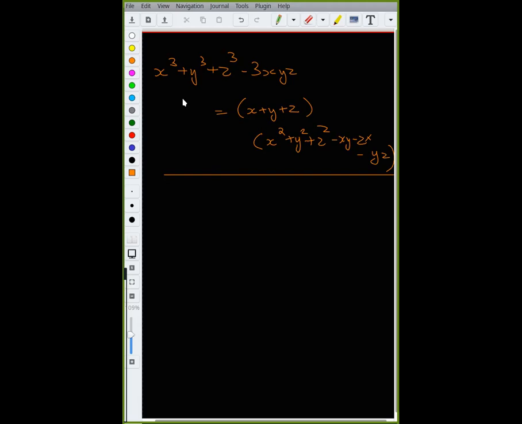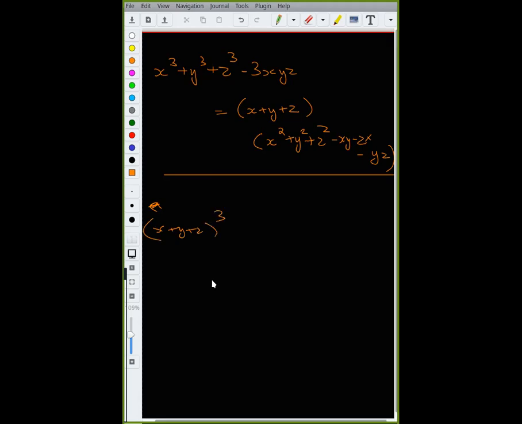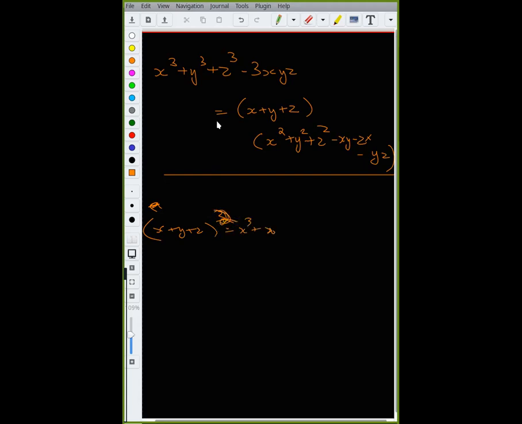x cube plus y cube plus z cube minus 3xyz. But we have done an identity similar to this. You've done (x plus y plus z) the whole thing squared. We did the square of this, not a cube. Which identity do we do with a cube?